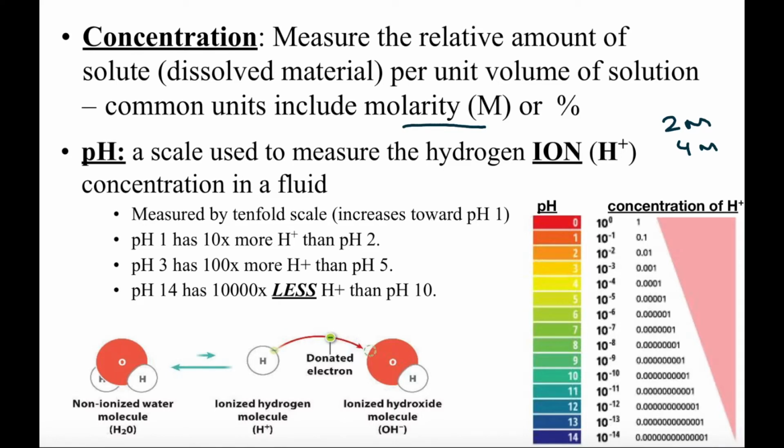Now, pH is a scale used to determine the concentration of the hydrogen ion that is found in liquid. The pH scale is a 10-fold scale, so each level is 10 times higher than the last level, and it's in reverse order. So the highest concentration of the hydrogen ion is found at pH 0, and the lowest concentration is at pH 14.